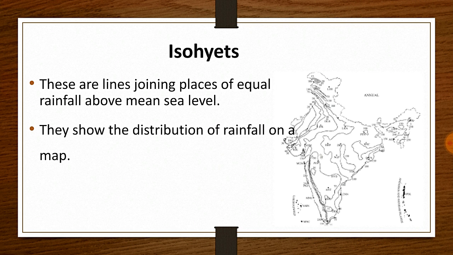In that we have seen about temperature, atmospheric pressure, wind, humidity, forms of condensation, precipitation, and we have also dealt with weather map, isotherms, and finally isoheights.